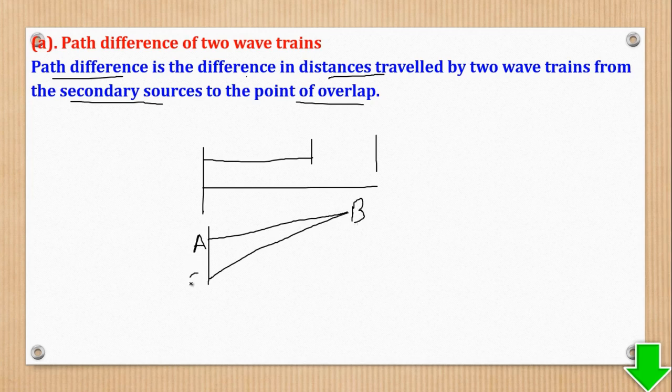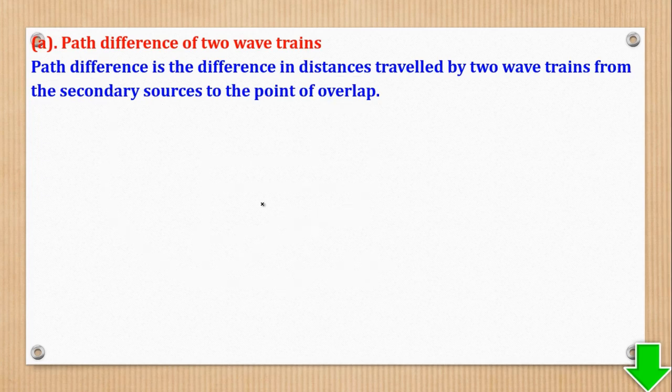Then this is CB, meaning that distance BC is longer than AB, so when I subtract the two, CB minus AB, I'll get what we call a path difference. So path difference is the difference in the distances traveled by two waves. You get this distance and also this distance, subtract them and you'll get the path difference you want.